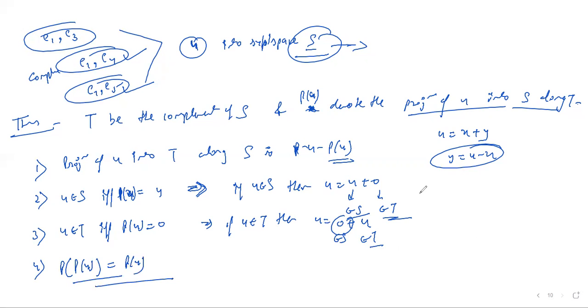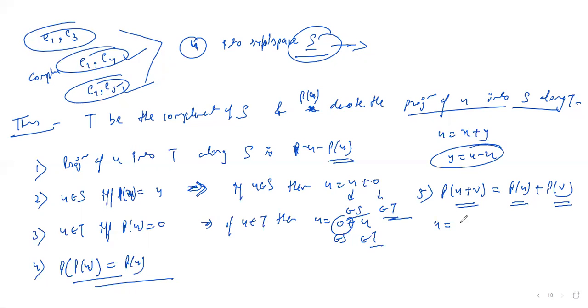And fifth, these are some results actually: the projection of U plus V is equal to P of U plus P of V, which is the projection of U plus V into S along T equals the projection of U into S along T plus the projection of V into S along T. We can see it like this.